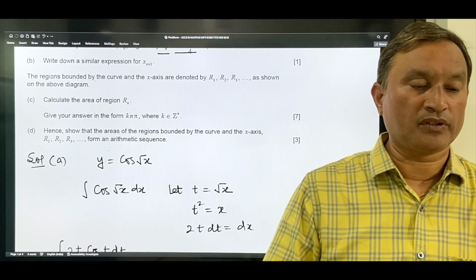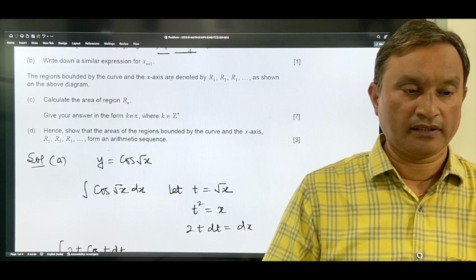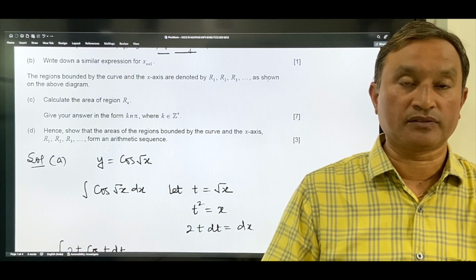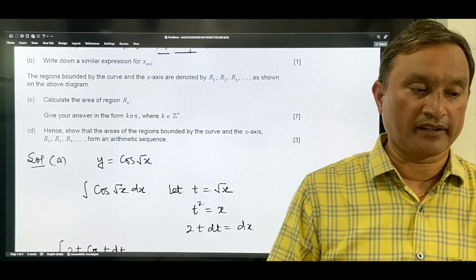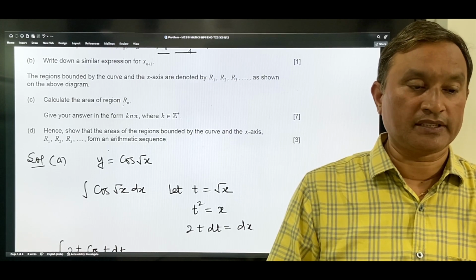The regions bounded by the curve and the x-axis are denoted by R1, R2, R3 as shown in the above diagram. Calculate the area of the region Rn.